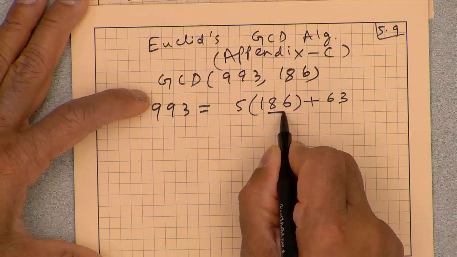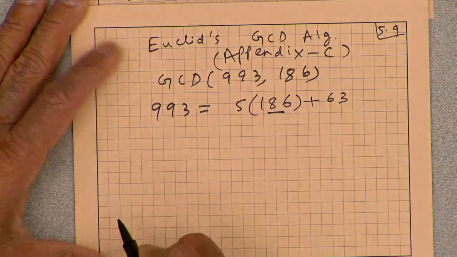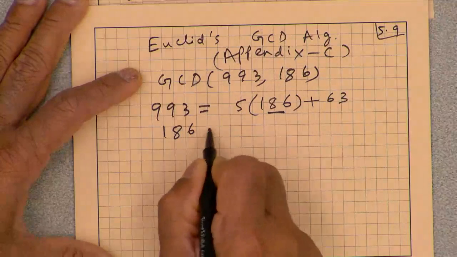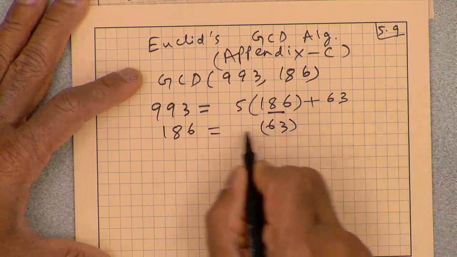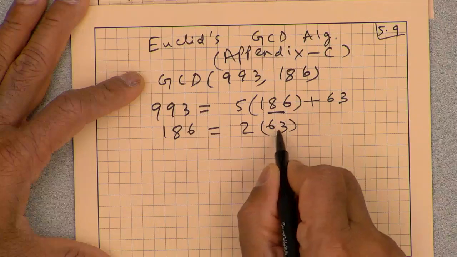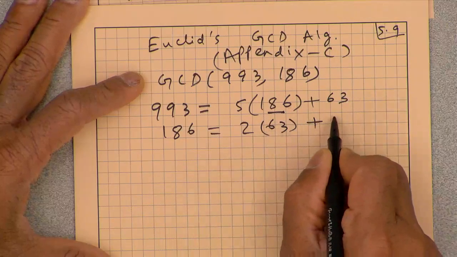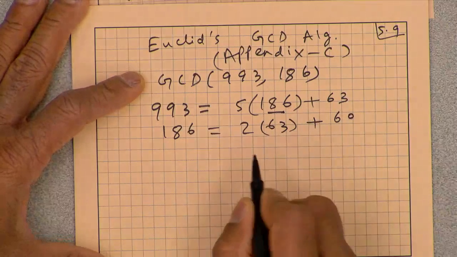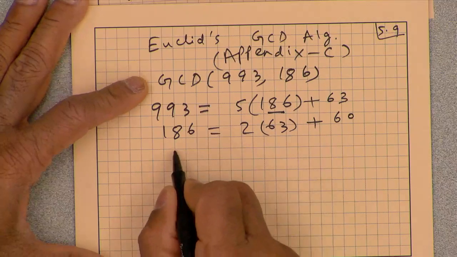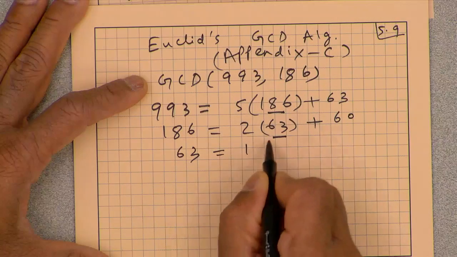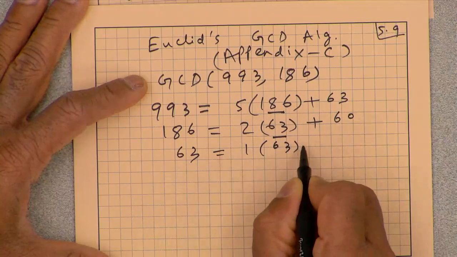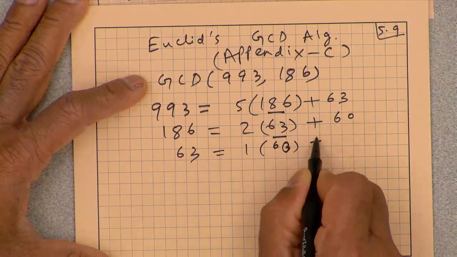Next, divide 186 by the remainder 63. So 186 is 2 times 63, which is 126, plus 60. We are done with step 2. Then take 63 divided by 60, and that's 1 times 60 plus 3.